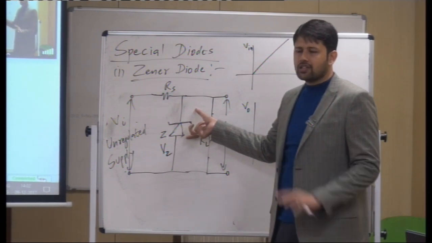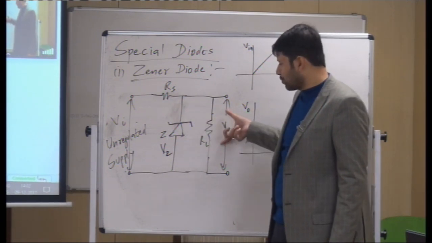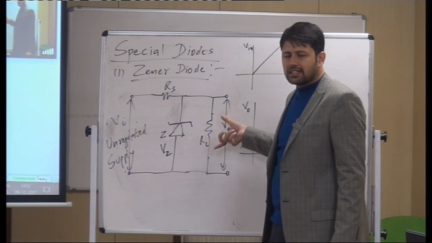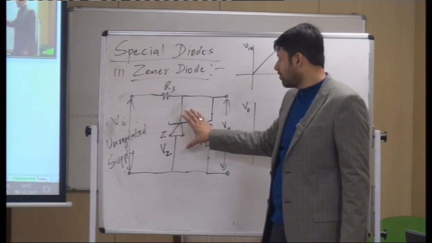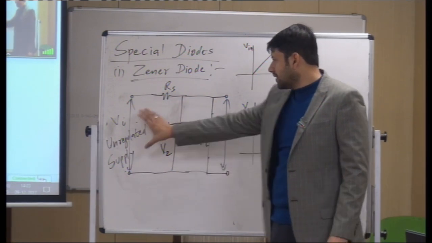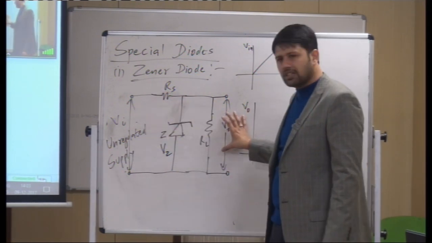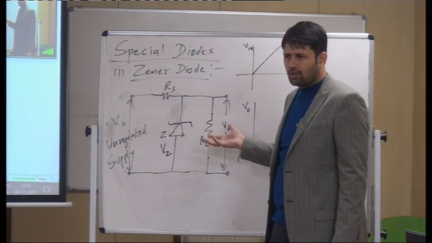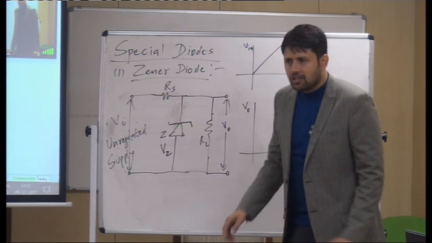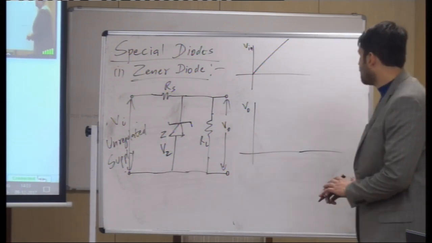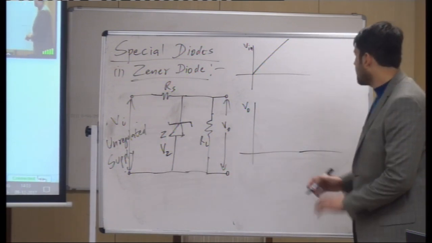So if the voltage of this branch, or output, is lesser than the Zener voltage, the diode is off. So whatever is the input, some part of it appears in the output. Some part, not all of it, because some drop would be there in this branch. So output is also increasing.